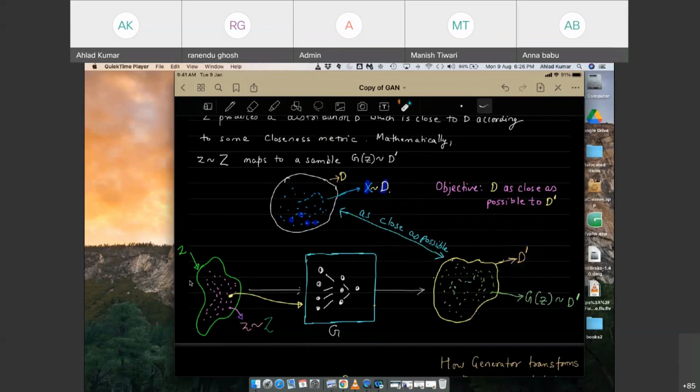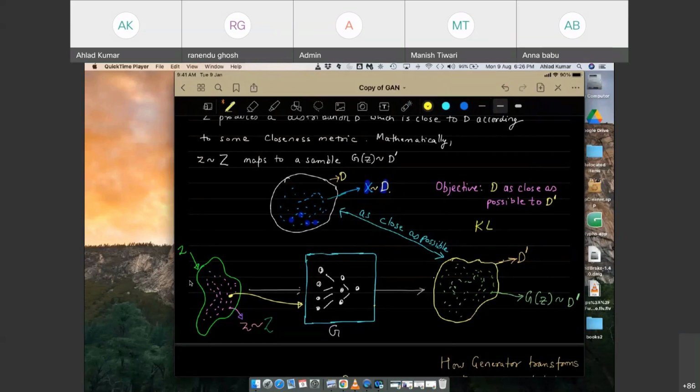This is the target of generative adversarial networks, and we try to make D hat as close as possible to D using some closeness metric. That metric we will see when we derive the expression, and I will write it down here so that you can correlate it later.